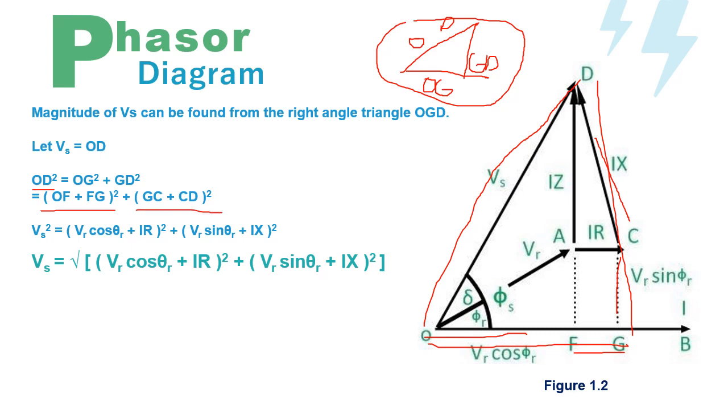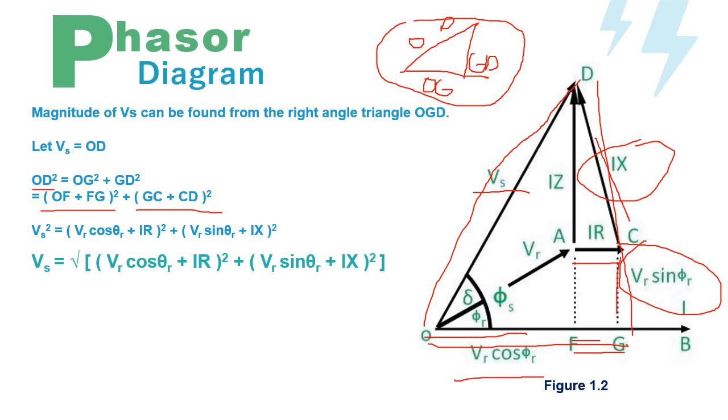By substituting the values based on the phasor diagram, we have OD will be the VS, OF will be the VR cosine theta R, FG will be the IR, and as for the GC, this will be the VR sine theta R, and for the CD, this will be the IX.